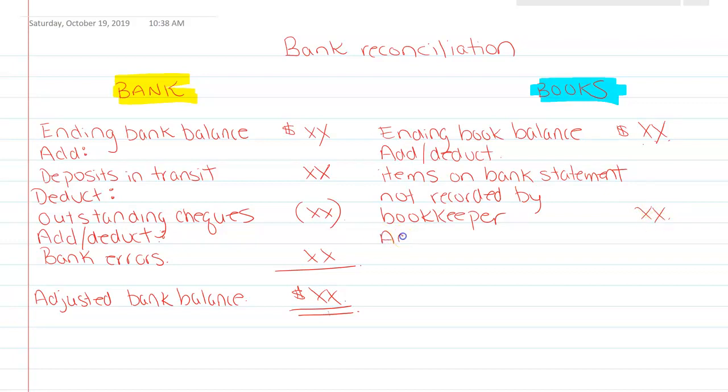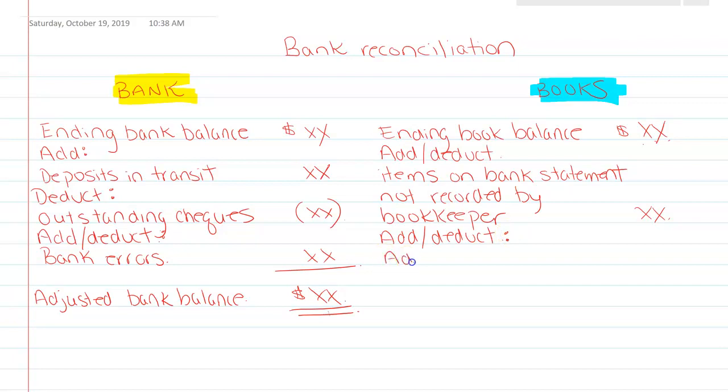And sometimes the bookkeeper will record items, but they've recorded them wrong. So I've seen this before where a bookkeeper has written a check and then it goes through the bank and they actually post it into their system. They've sometimes transposed the check number by accident. So then that would be an example of a bookkeeper error.